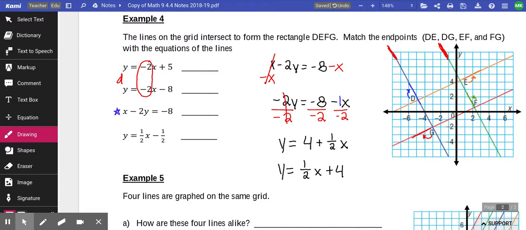This one has a positive y-intercept of 5. This one has a negative y-intercept of something off the scale, but I know it's going to be negative. Looking back at my equations, this one has a positive y-intercept. This one has a negative y-intercept. So I know that the first one is the green line, which I called F.